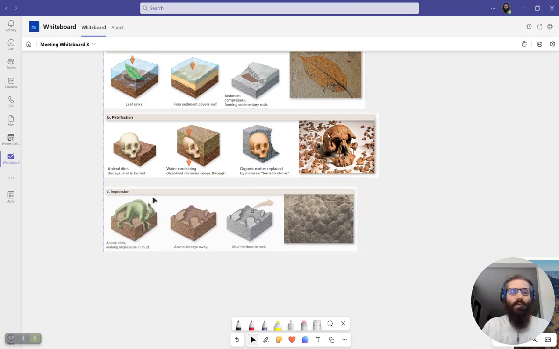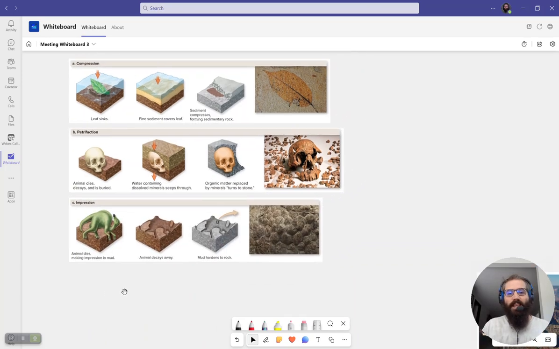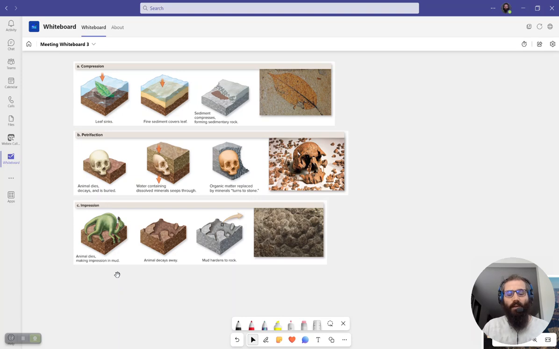The other one is the impression. So in that case, we're not looking at the animal directly, but at the negative of the body of the animal. So an animal dies, usually in mud, and you get a mold, and then in that mold there is hardening of the mud that happens through time, and we are finding scale shapes. That's how we know feathers were a thing for dinosaurs.